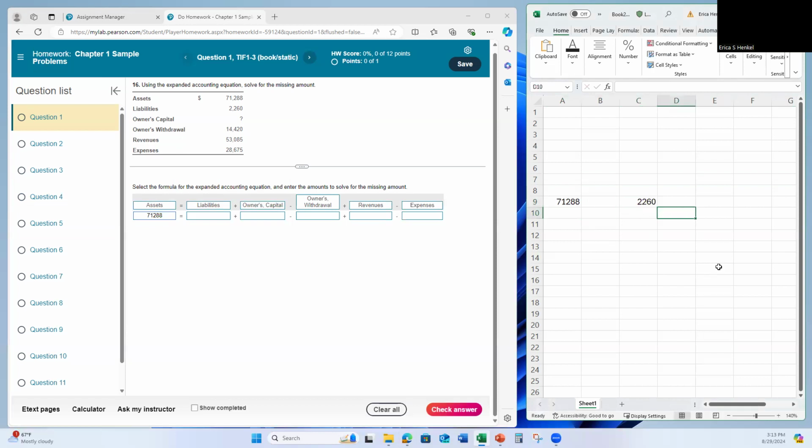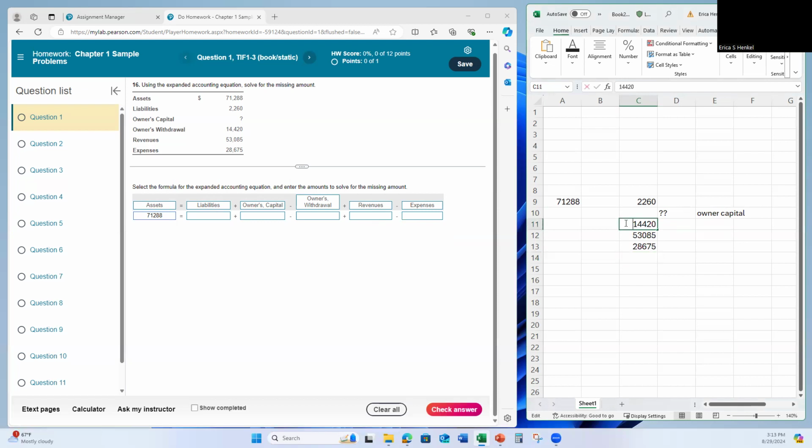We're not sure about the equity that was put in, right? That's what we're going to solve for, the owner investment. We've got 14,420 for owner withdrawals, 53,085 for revenues, 28,675 for expenses.